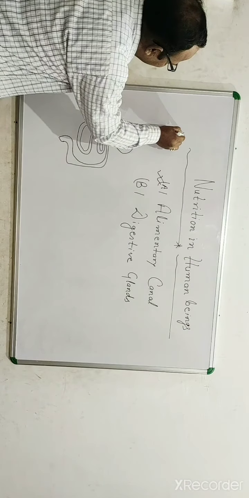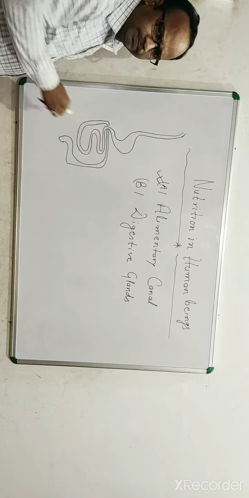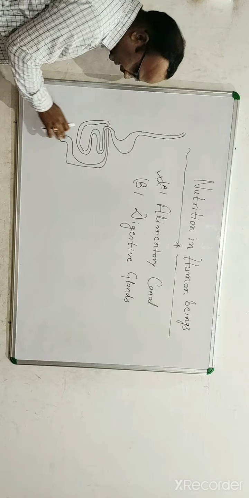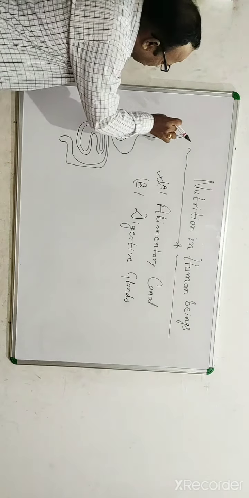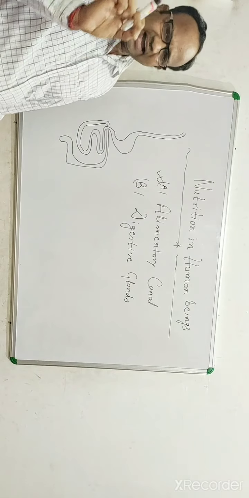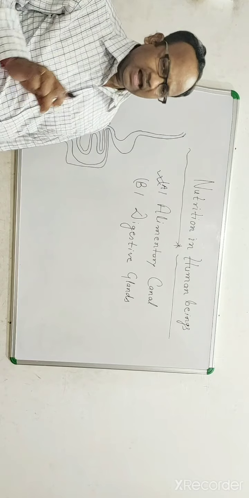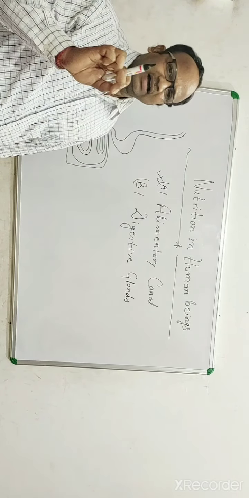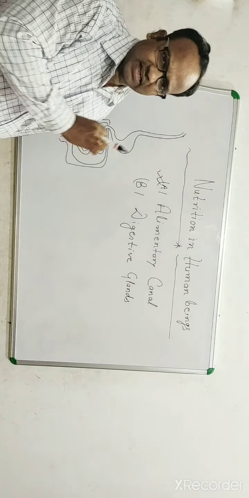The alimentary canal is a hollow tube, and both the ends are open. Roughly, it is 9 meters in length in human beings. I am going to label the different parts that come under this.